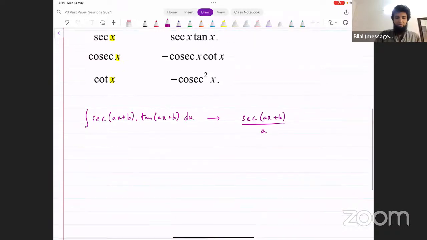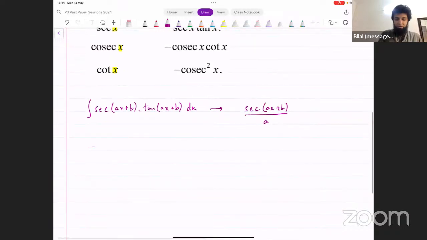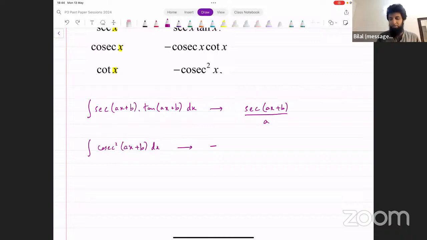Similarly, for the other functions, the rule can be written in terms of cosecant only. Cosecant square of ax plus b, if you want to integrate this, what does that become? Integration of cosecant square is going to be minus cot. Minus cot of ax plus b, then you have to divide by the derivative of ax plus b, which is a.